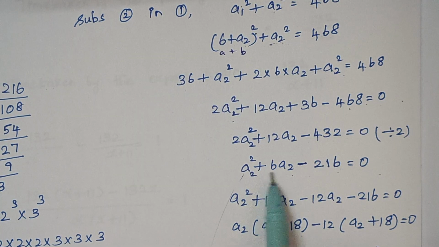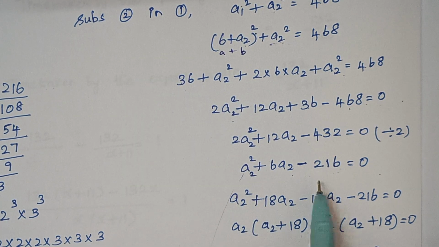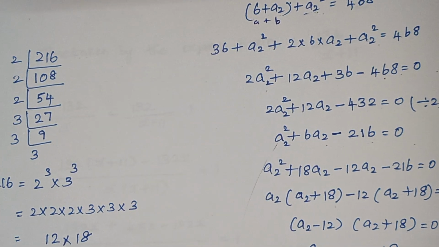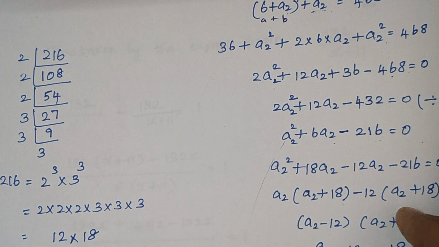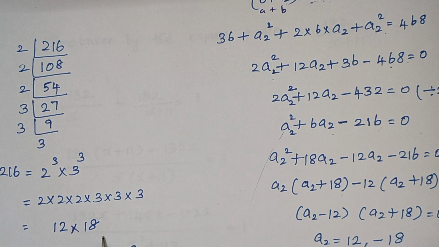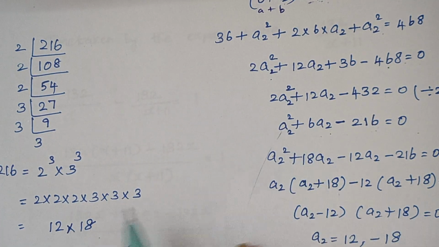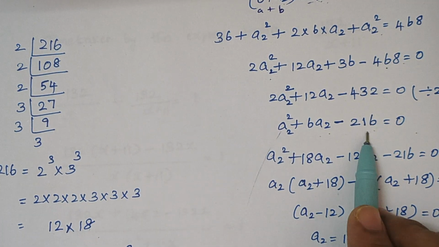So again we have to solve this quadratic equation. So you see this 216, 216 can be written as 12 into 18, right? So 18 minus 12 gives you 6 and 18 into 12 gives you 216.